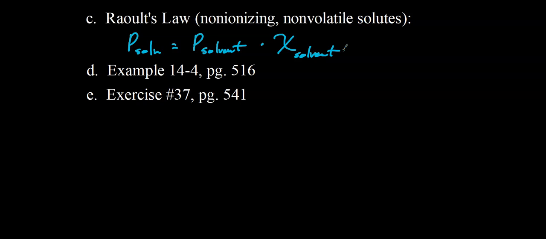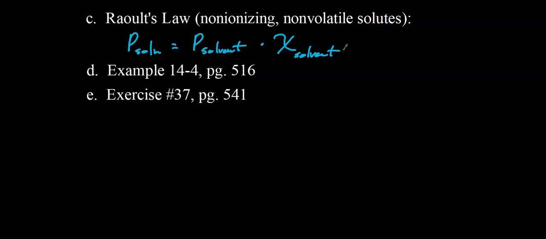We've done mole fraction before, and I said you can calculate mole fraction for either solute or solvent. And the book does it different ways here. So if you use this formula, where you multiply the vapor pressure of the pure solvent by the mole fraction of the solvent, that will give you the vapor pressure of the resulting solution.